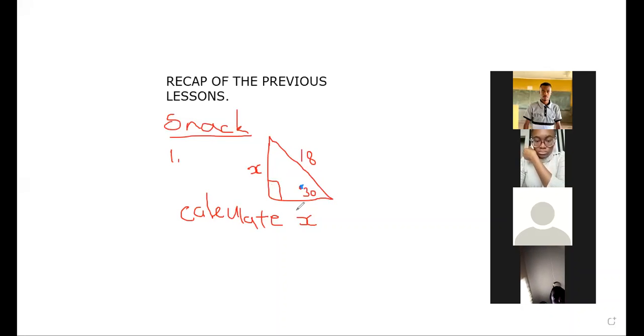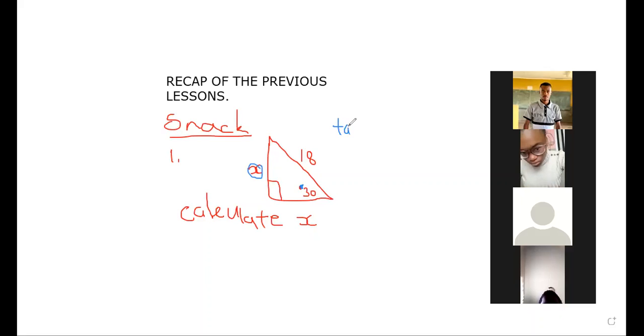So in this diagram, if I want to find x, x is the opposite side to the angle, right? So I know from my trig functions that the ones that have the opposite side are tangent as well as sine. So I'm going to choose sine because I have the hypotenuse side.